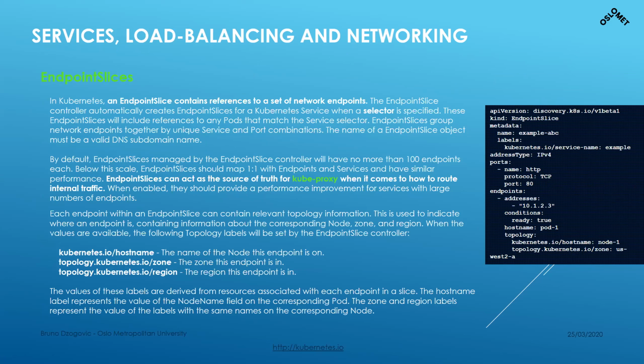These endpoints are referred to as endpoint slices. Endpoint slices are groups of network endpoints, grouped by unique service and port combinations. So you need a port, you need an IP address, and the typical things in order to have a connection. You also need to specify if you're going to use IPv4 or IPv6, or you can use both. There is a dual stack option.